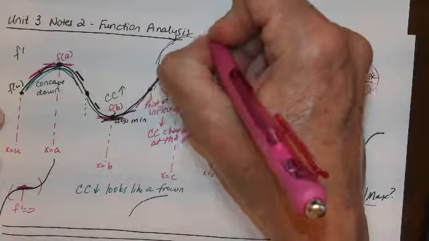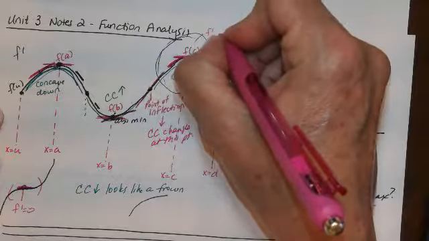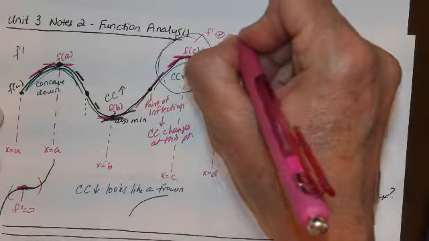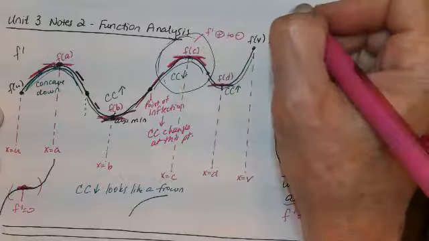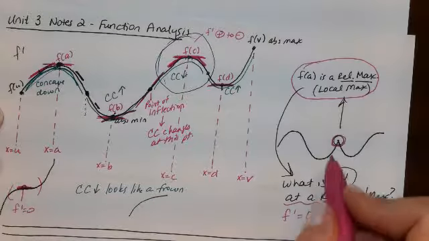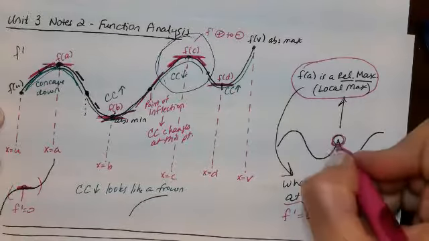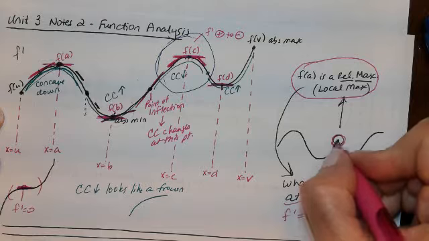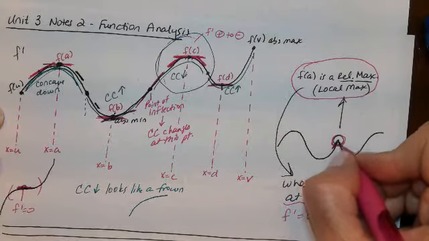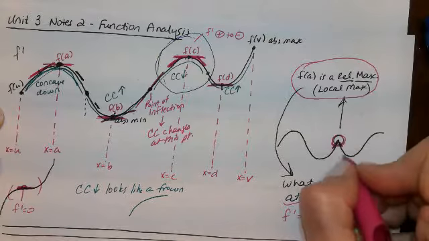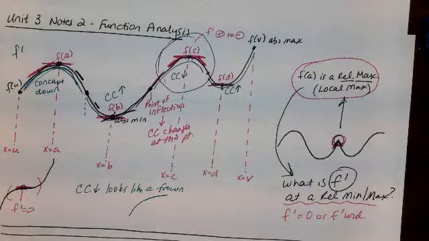So here, f prime goes from positive to negative. Does that work for our sharp cusp? It sure does, because the derivative still went from positive to negative. That makes it a relative max.